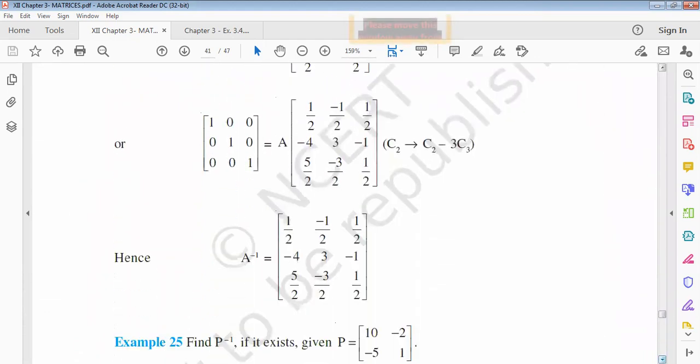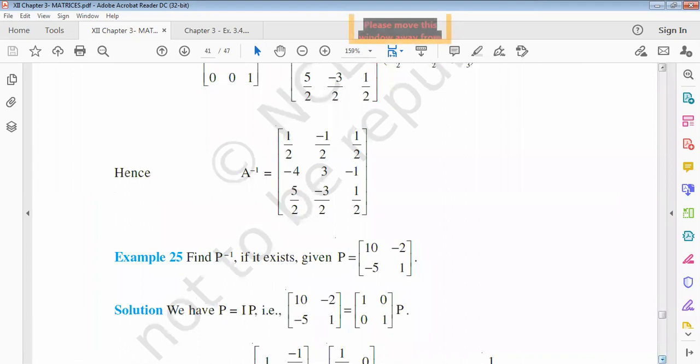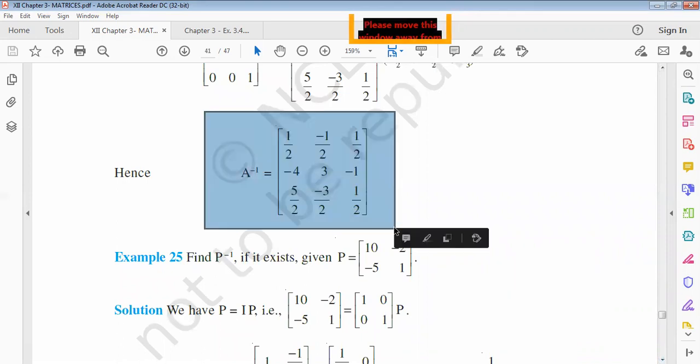The A inverse of the given matrix is found as: first row 1 by 2, minus 1 by 2, 1 by 2. Second row's elements are minus 4, 3, minus 1. Third row's elements are 5 by 2, minus 3 by 2 and 1 by 2.